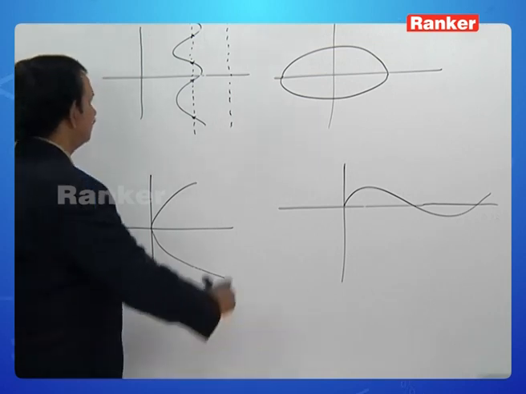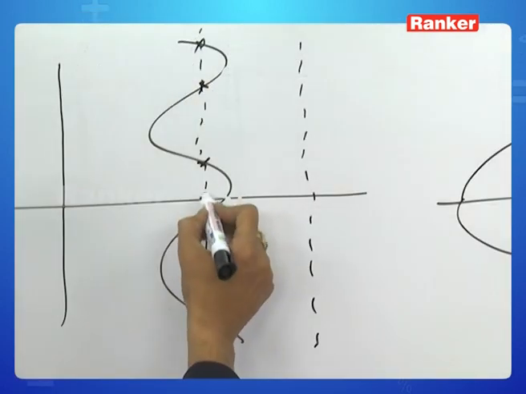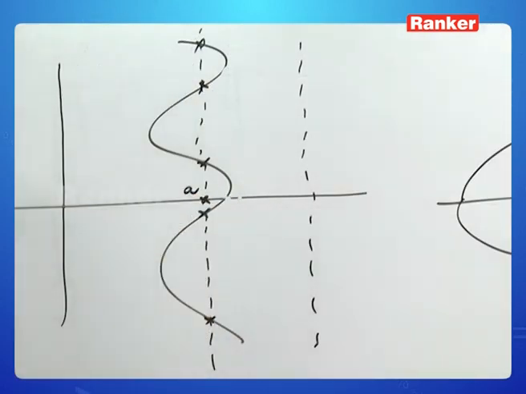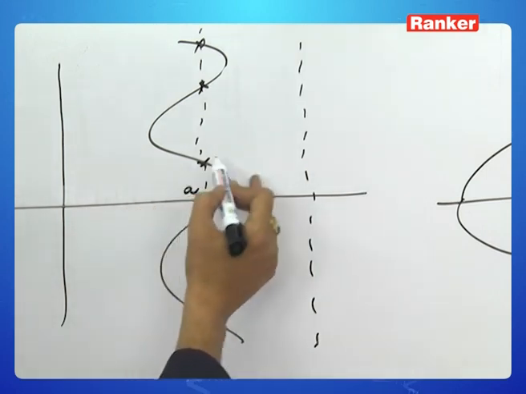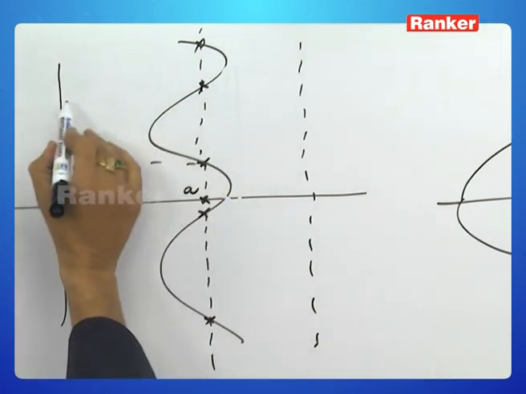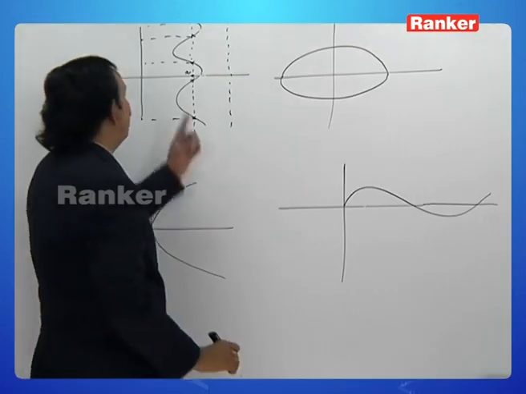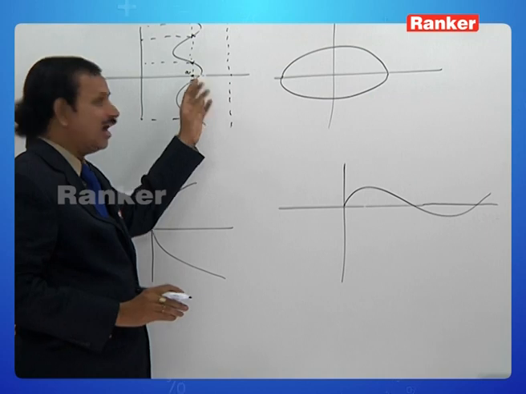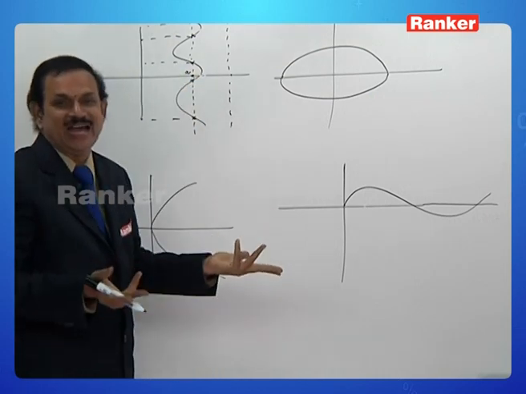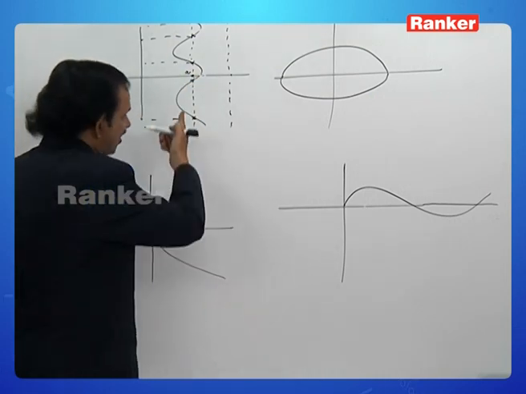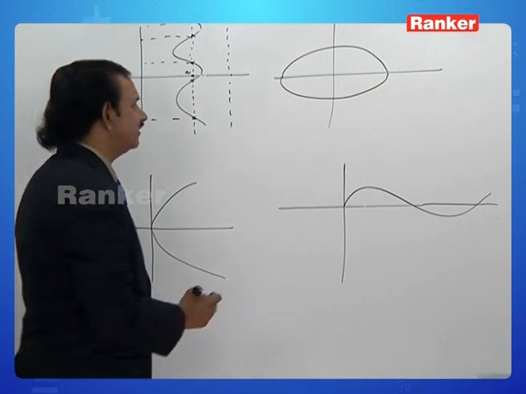What is the reason? Suppose this value of x is a. What is f of a? This or this or this or this. For one element a, how many f of a's will occur here? That is why this is not a function. Just like that.